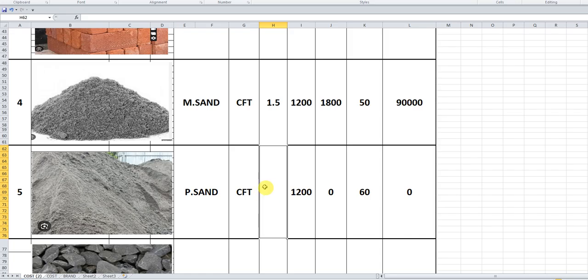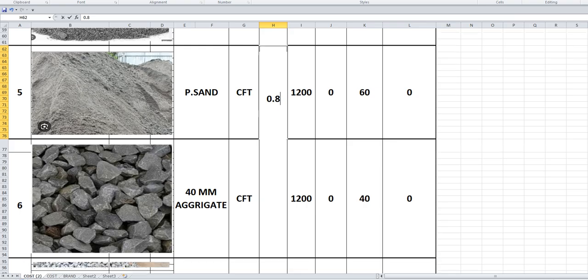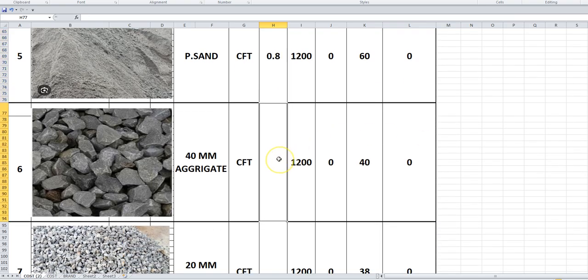Then P sand, which I'm taking as plastering sand, with a coefficient of 0.8 CFT per square feet. The area remains the same, that is the built up area. Then I'm taking 40 aggregate, basically used in the PCC item under the foundations and the plinth flooring.